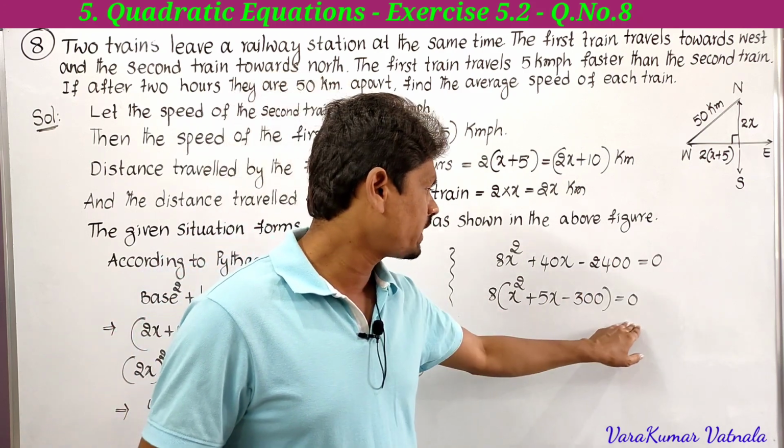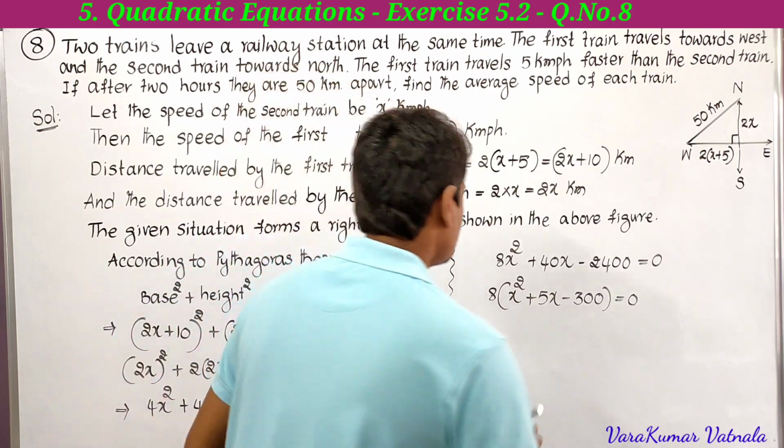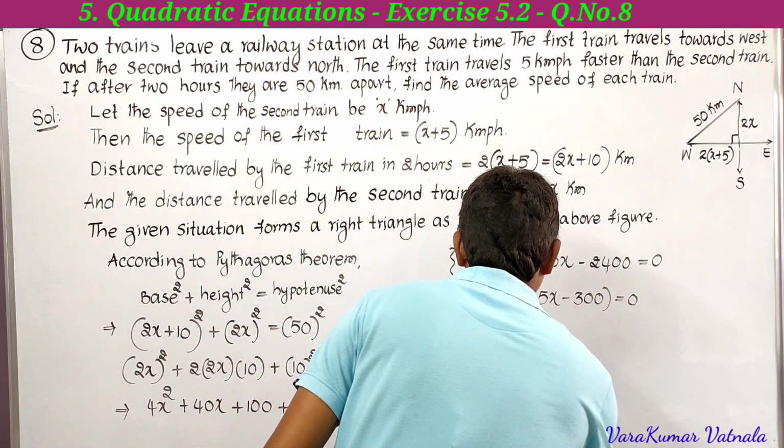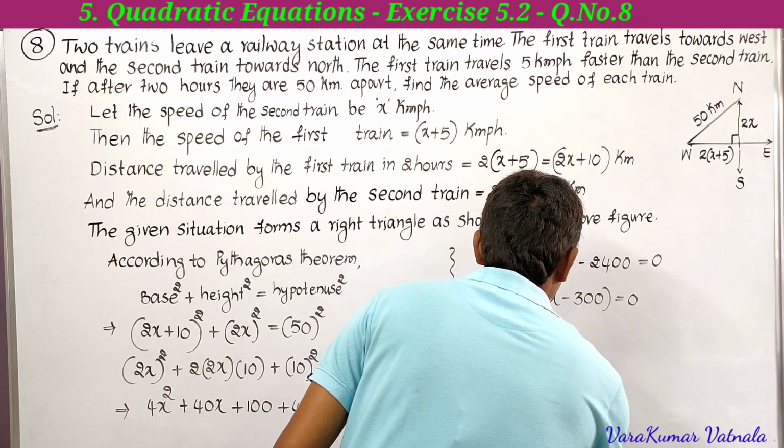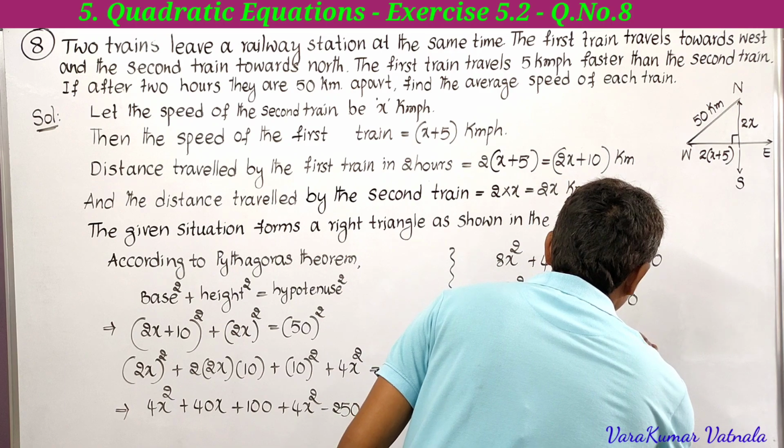So take 8 to the right side, it divides 0 by 8, again we get 0 only. So finally we get x square plus 5x minus 300 is equal to 0.